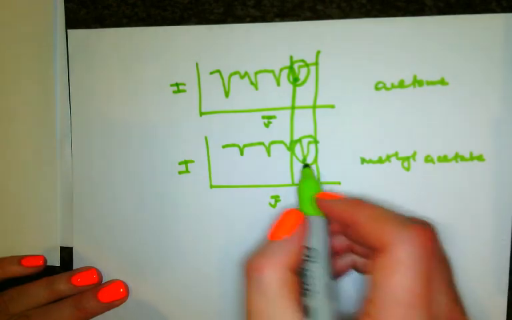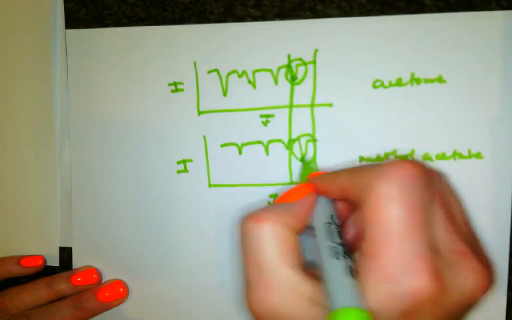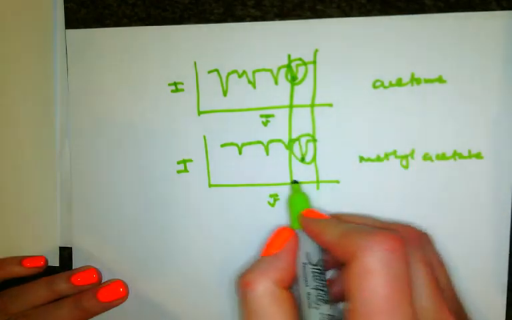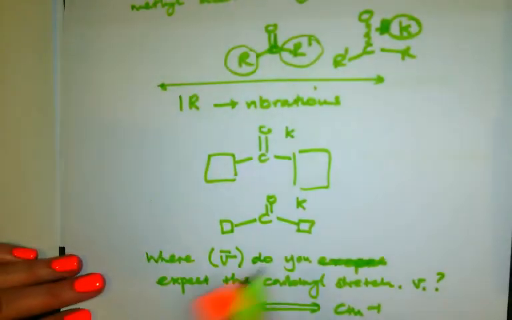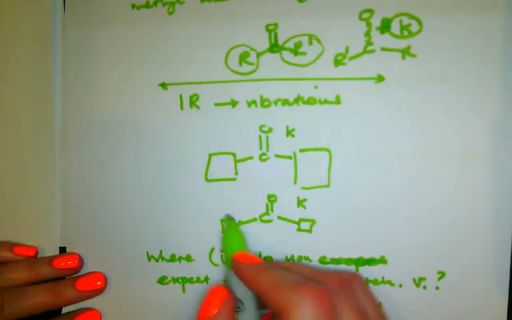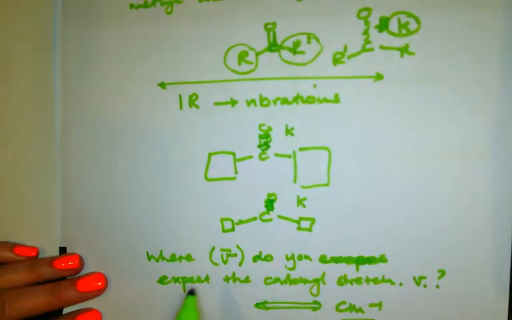Then you will know for methyl acetate that's your carbonyl stretch, and for acetone that peak corresponds to your carbonyl stretch. You'll notice that the carbonyl stretch doesn't occur at the same position for each of these compounds. It falls within a specific region. And the reason for that is because the other R groups in the molecule affect the stiffness of the spring.